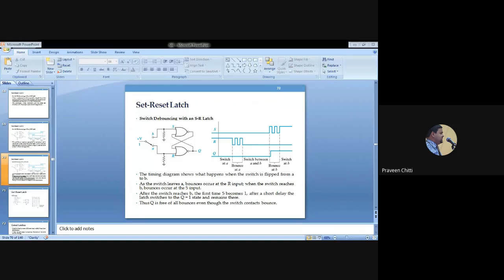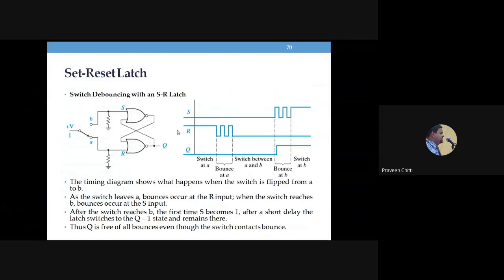Okay, Omkar. There is no response from anybody. Omkar, are you there? Yes, sir. Can you explain how an SR latch overcomes the key debounce problem? It is there on the screen. With the help of this, can you explain?